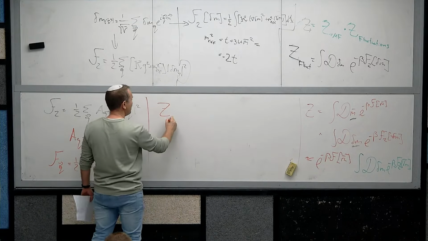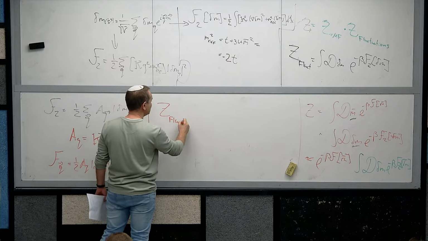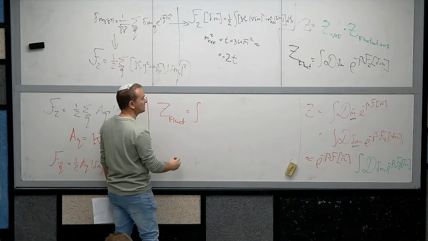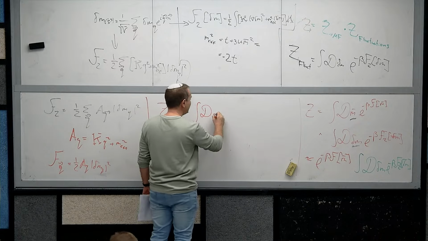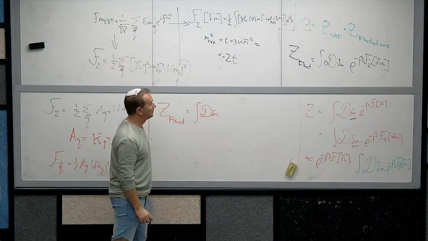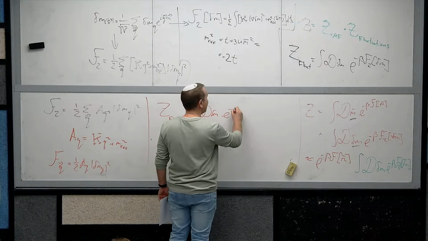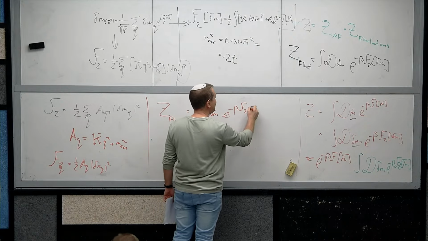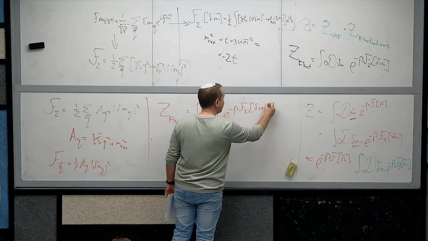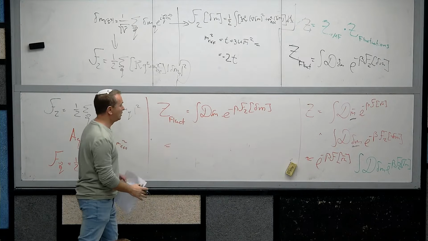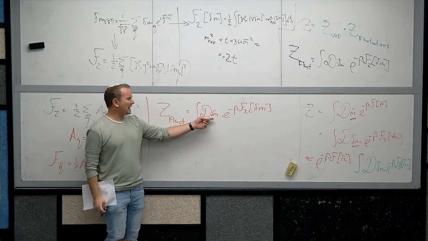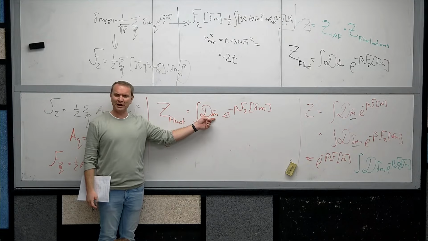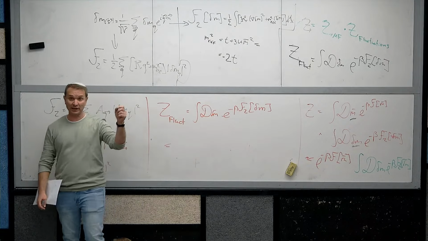We know that we want to compute Z fluctuations, which was an integral over all delta m, d delta m, e to the power minus beta F2 of delta m.